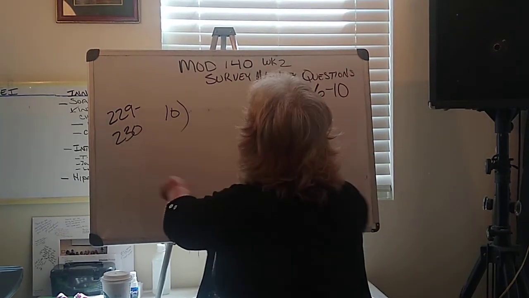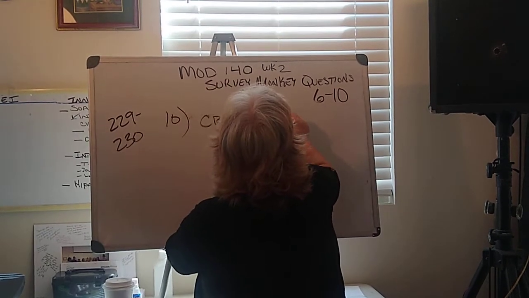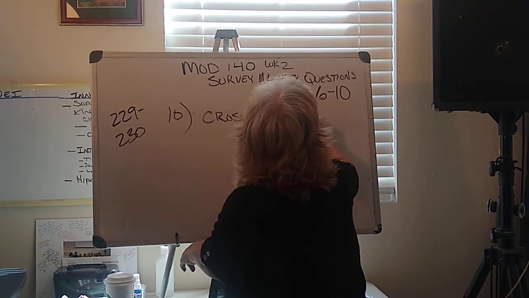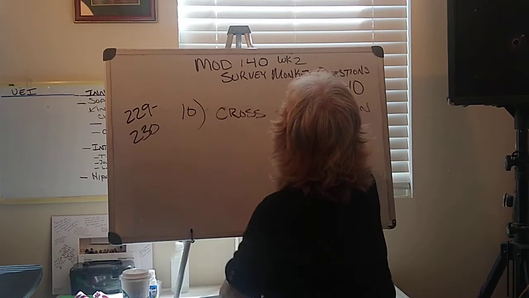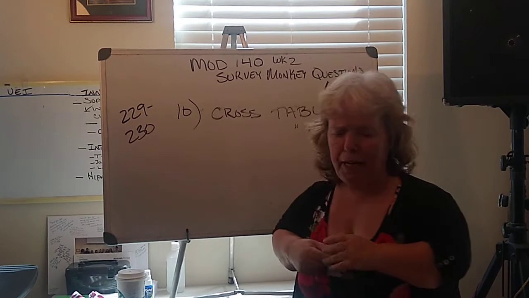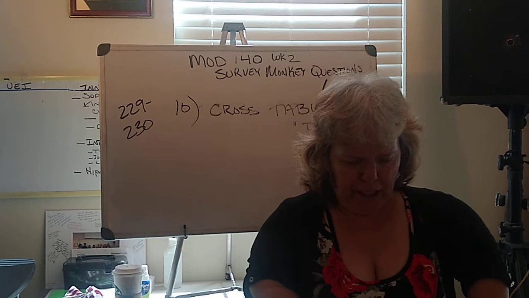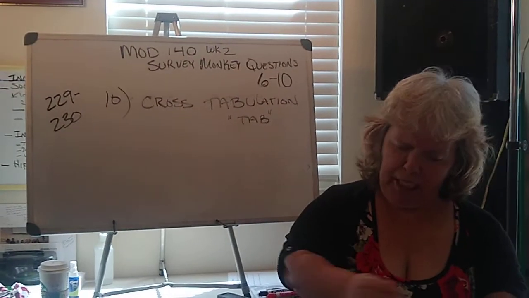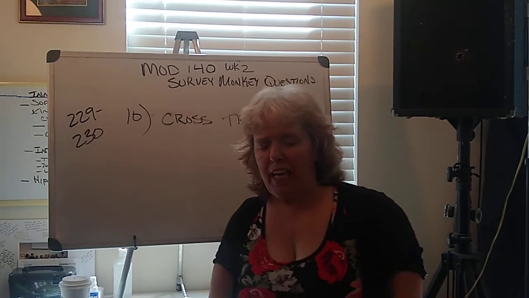So cross-tabulation, or cross-tab for short. A cross-tab is a method of presenting and analyzing data involving two or more variables to discover the relationship in the data. Okay, so that is it.